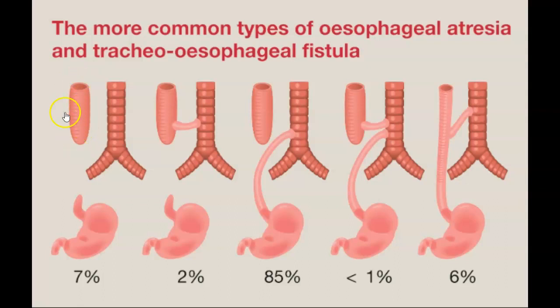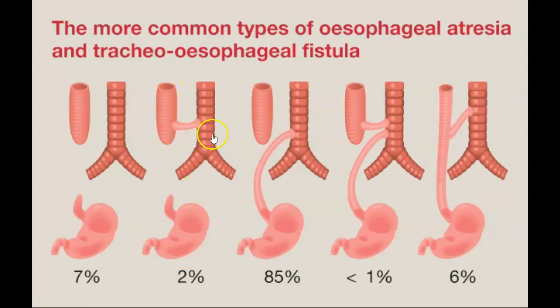On chest x-ray, you'll notice the NG is coiled up here, and that's usually a way we can confirm that the baby has a TE fistula. You can put that onto suction to suction out those secretions and help manage them until the baby can go to surgery.